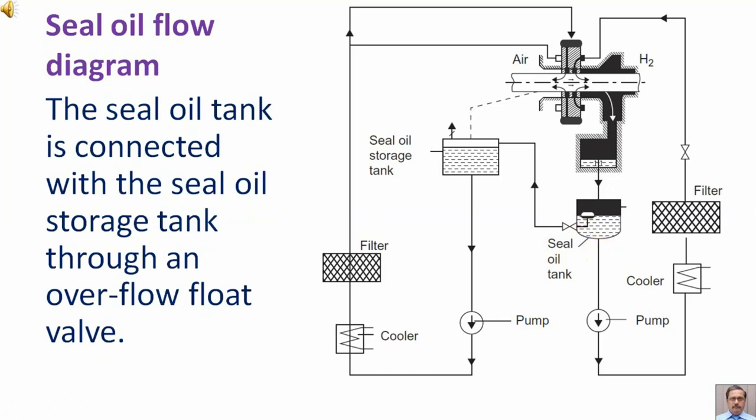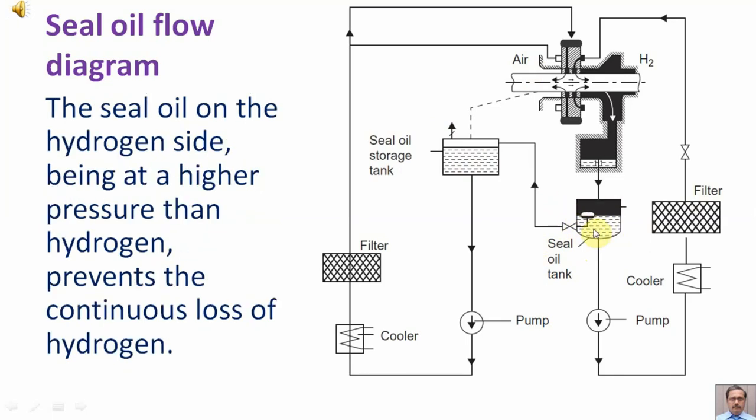The seal oil tank is connected with the seal oil storage tank through an overflow float valve. The seal oil on the hydrogen side being at a higher pressure than hydrogen prevents the continuous loss of hydrogen.